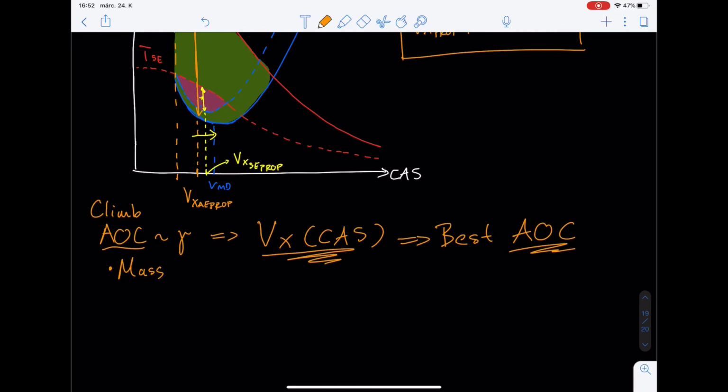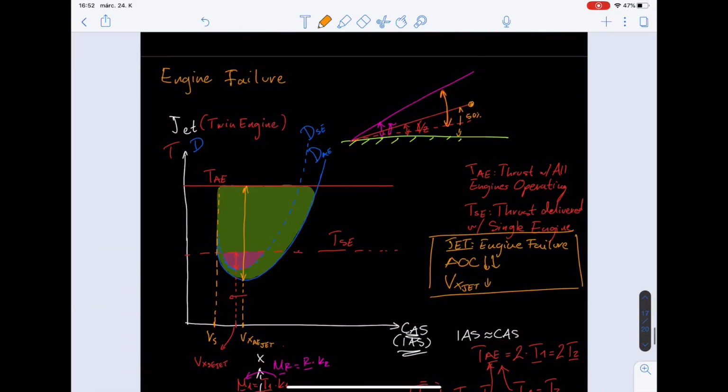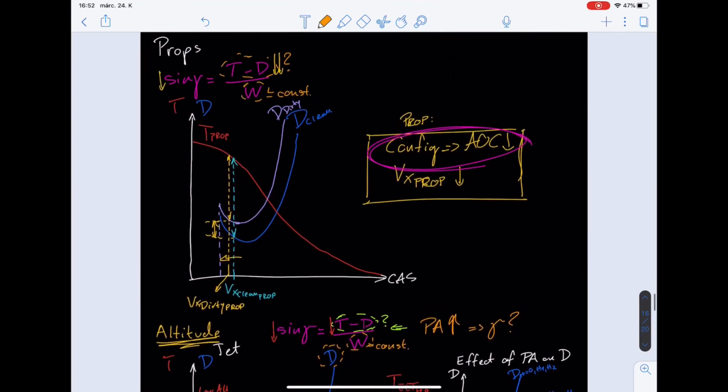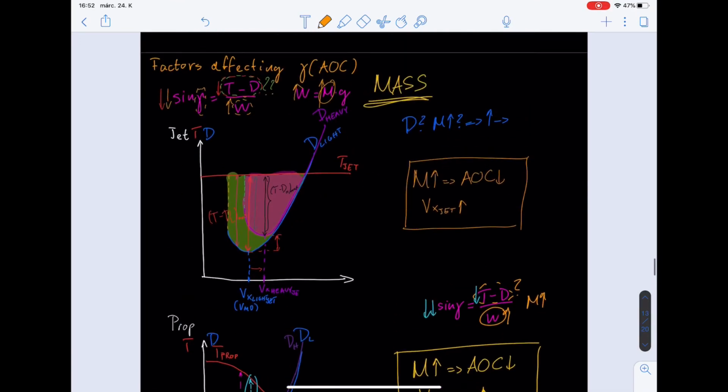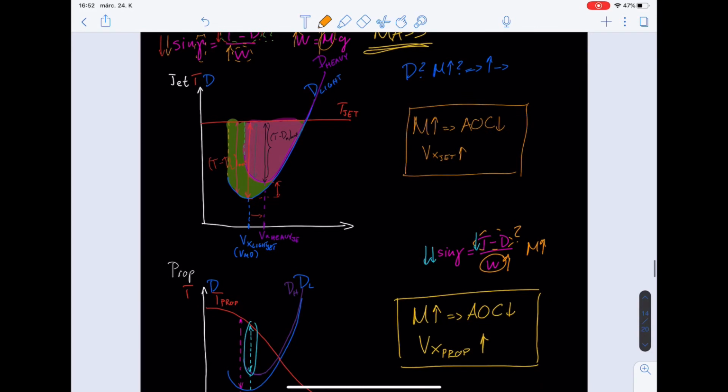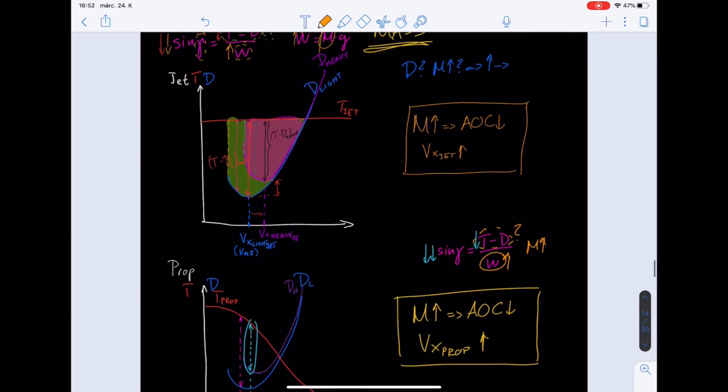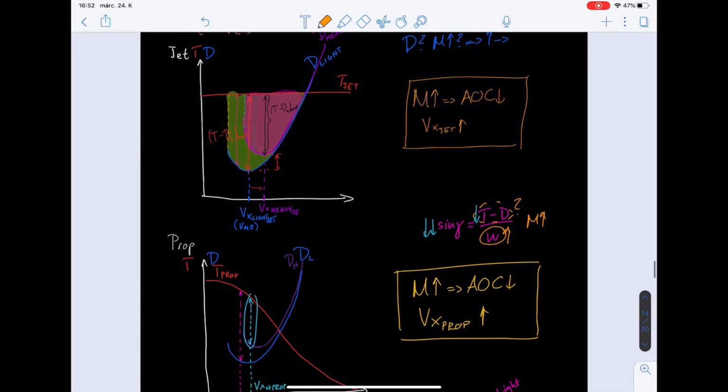And the influencing factors, as we said, the first one was the mass of the aircraft. And we saw that for the case of the jet and for basically both the propeller-driven aircraft, if you increase the mass of the aircraft, your angle of climb is going to deteriorate, right? So here you can see that we got to the conclusion that both for the jet and for the propeller, if you increase the mass of the aircraft, that's going to deteriorate the angle of climb.